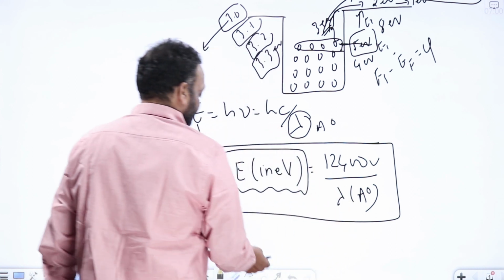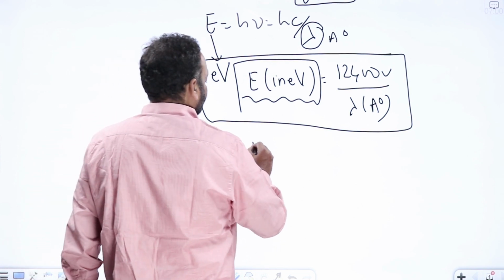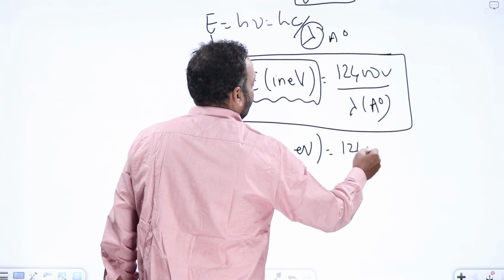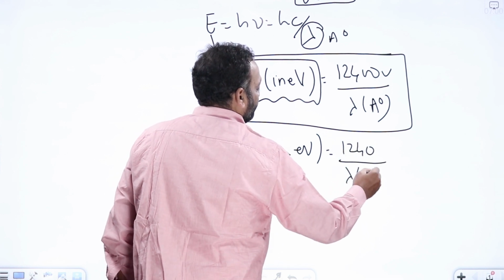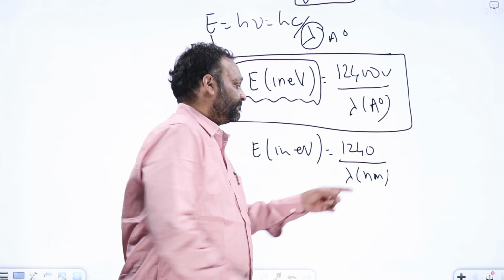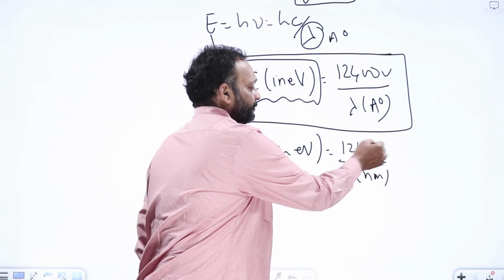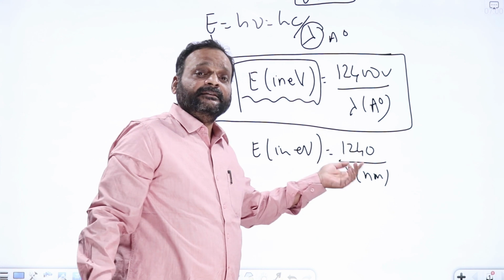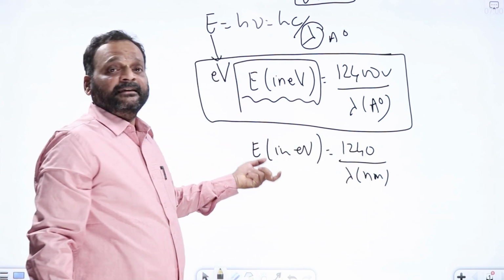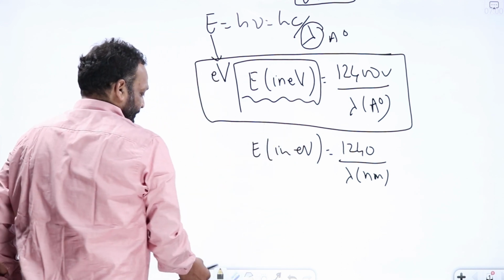So if the wavelength is given in nanometers, the energy in electron volts is 1240 by lambda, where lambda is in nanometers. If lambda is given in angstroms, it is 12,400 by lambda. Directly you will get the energy of the light photons in electron volts. Remember this conversion factor, it makes things easy.